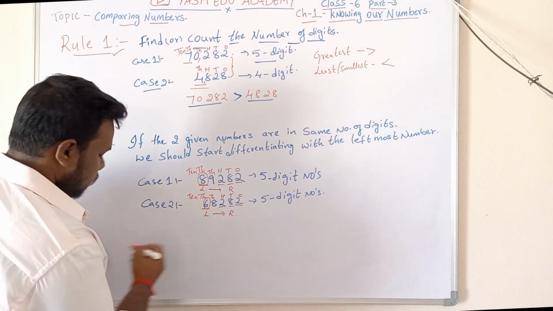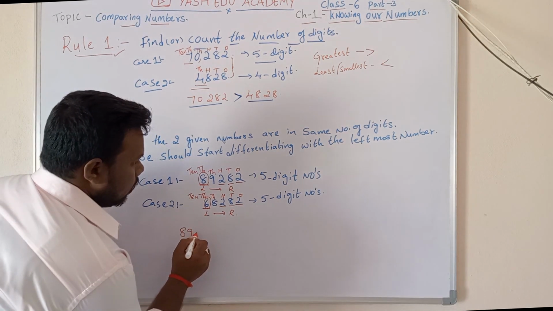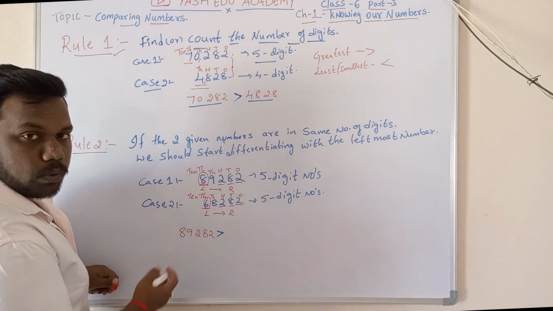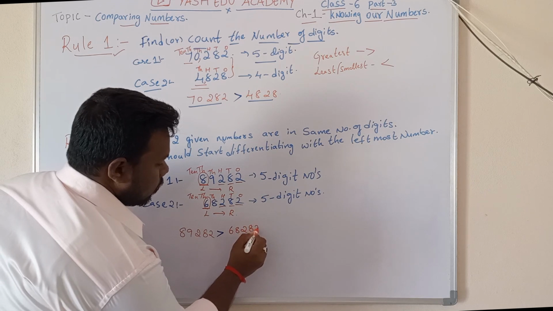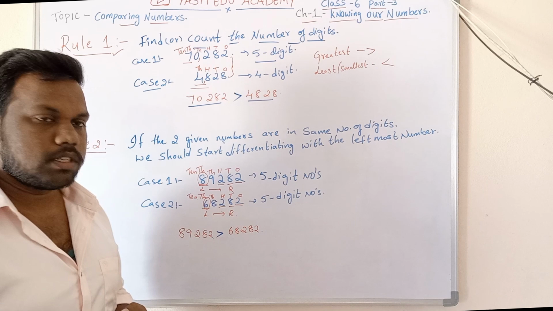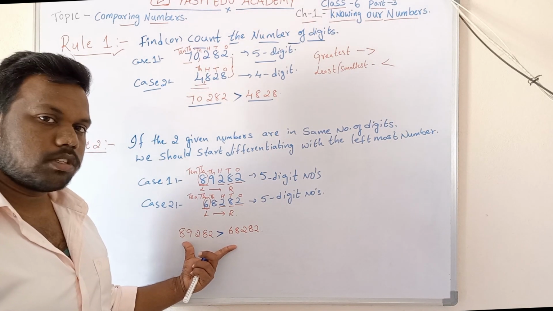So obviously we can write that 89282 is greater than 68282. Both the numbers have an equal number of digits with the same place values.